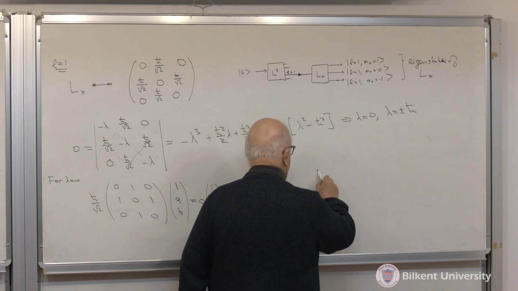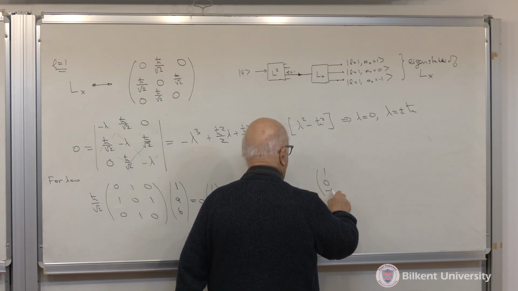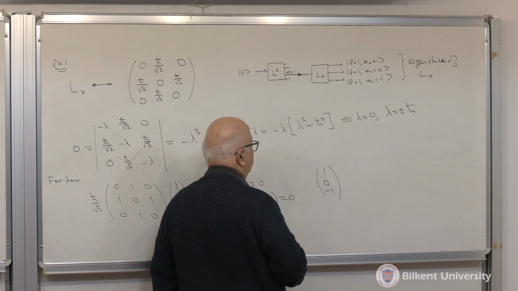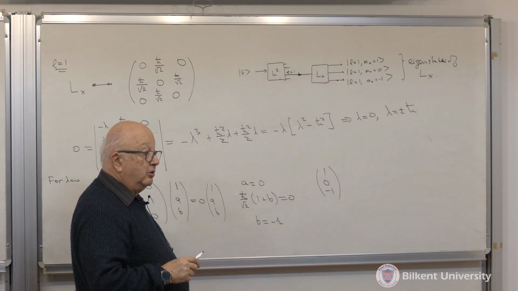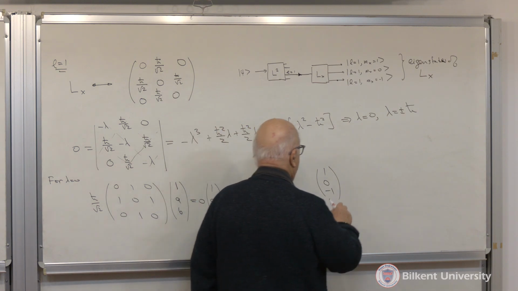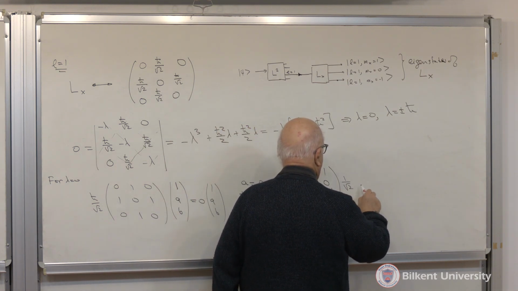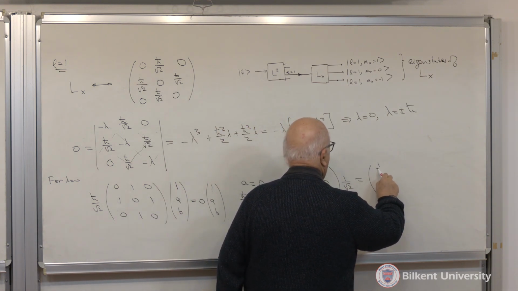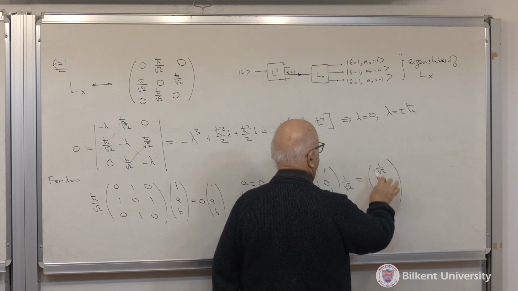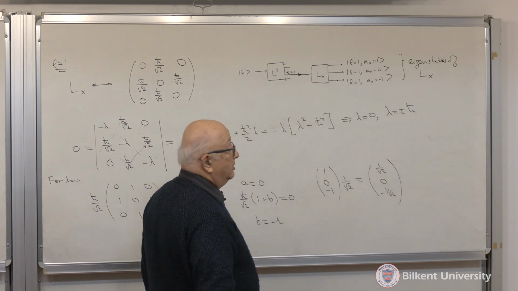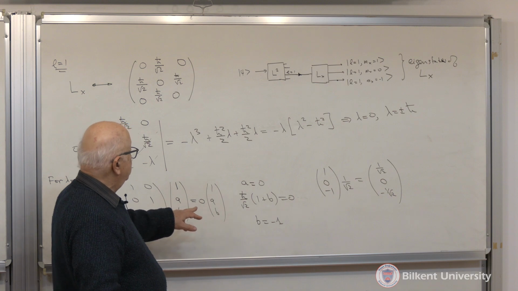So it's going to be 1, 0, minus 1. I have to normalize it. What's the normalization? 1 divided by square root of 2. In fact, let me write it as 1 over root 2, 0, minus 1 over root 2. So this is my normalized eigenvector, which corresponds to lambda equals 0.